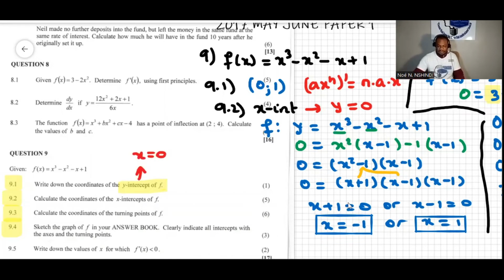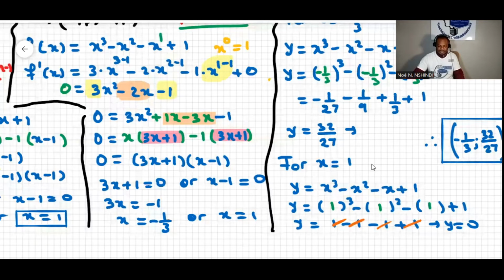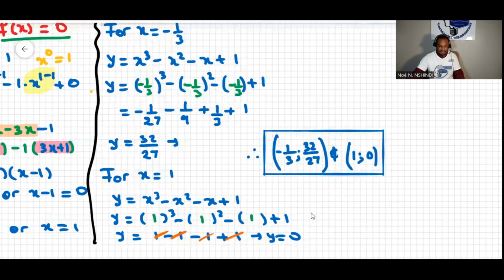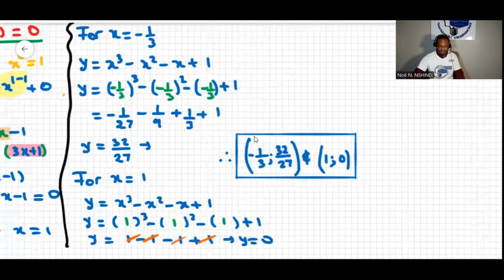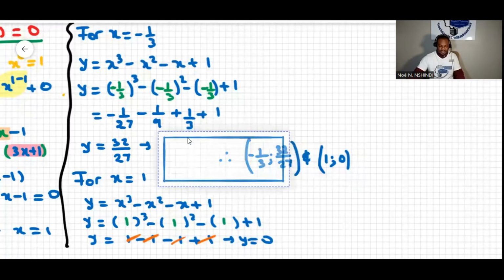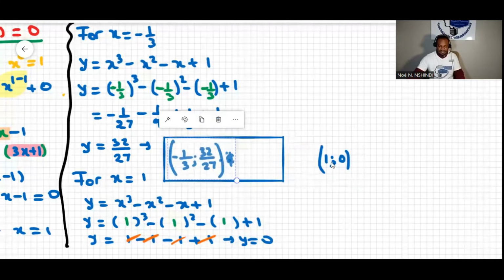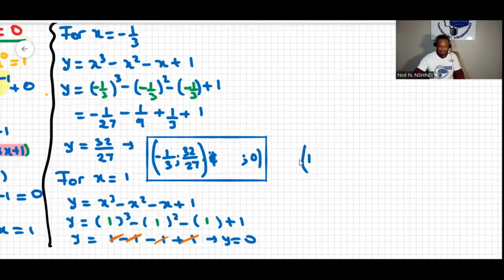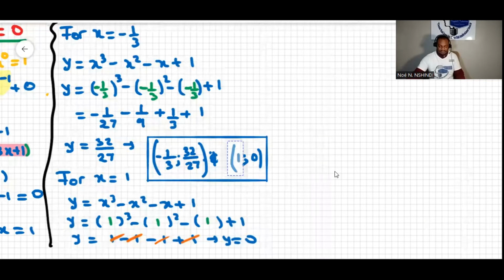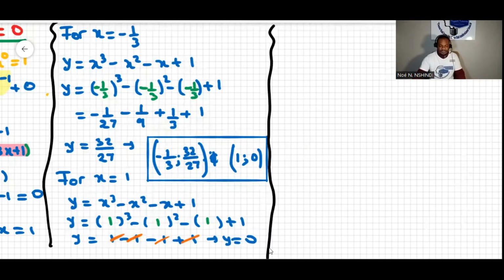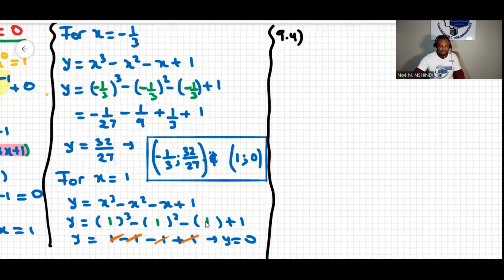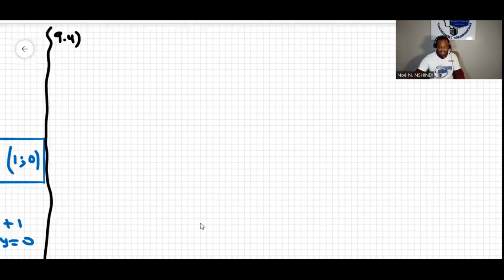Now I prefer to move the board this other way. I think I need this space. You can just move it here, and then take this one, move it there, and then this also. And this. Yes. Now we have space. And then question 9.4. We have to sketch the graph of f of x.